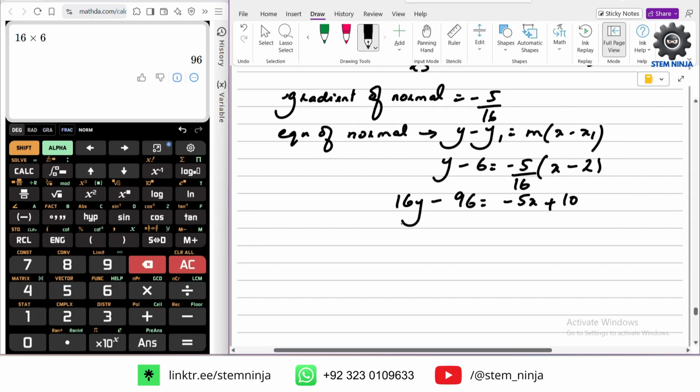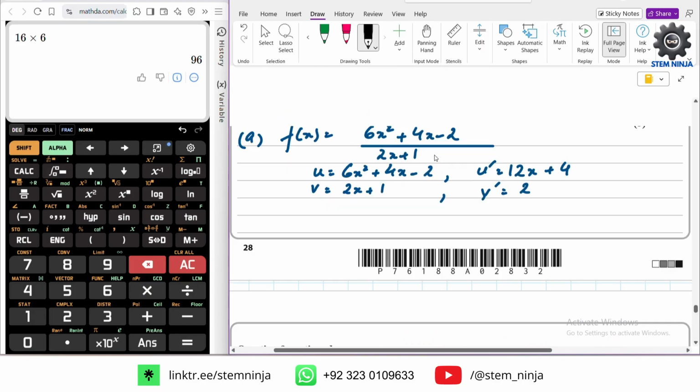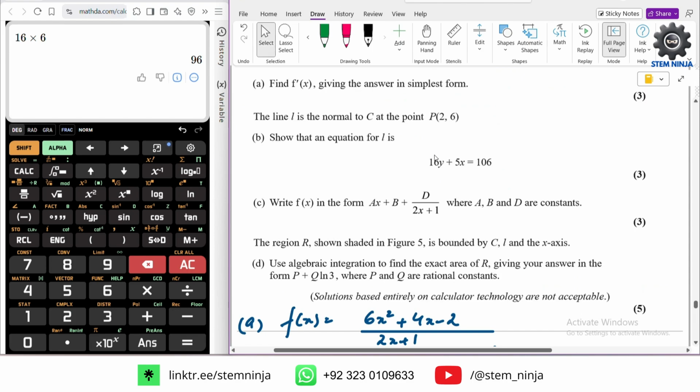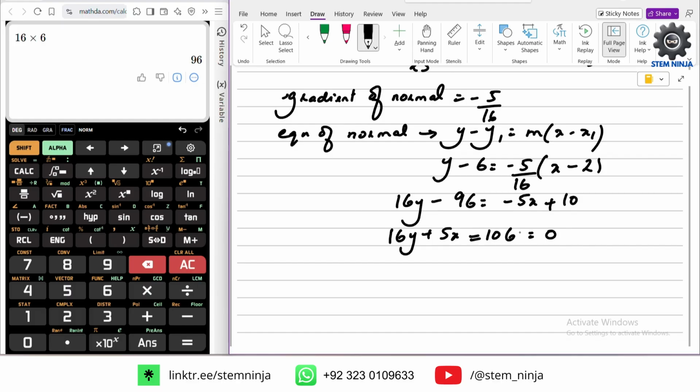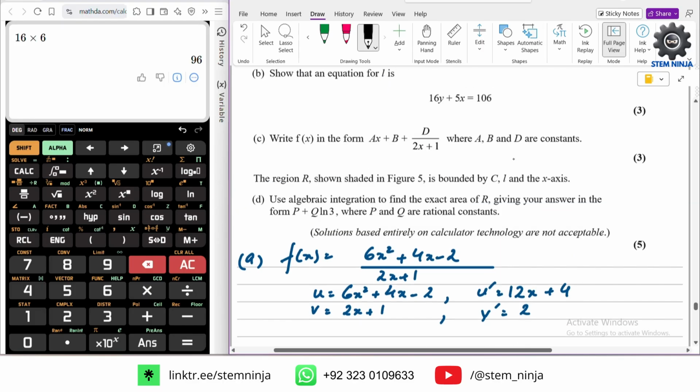So this becomes 16y plus 5x minus 106 equals 0. Let's hope this is correct. Yeah, okay, equals 106. Right. Now what do we need?